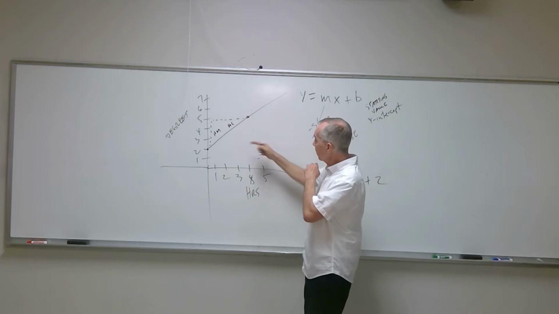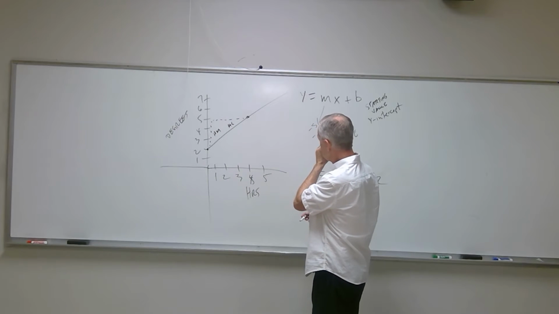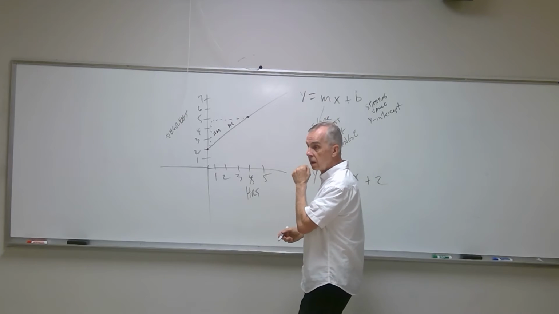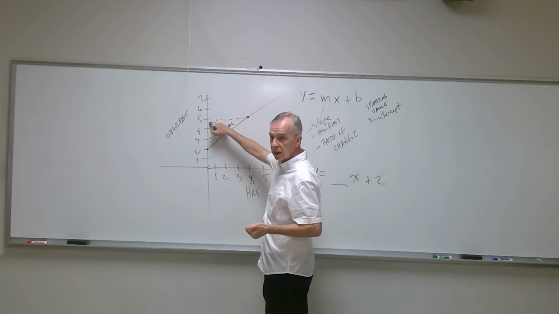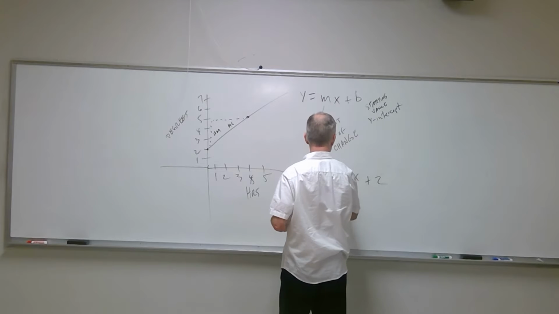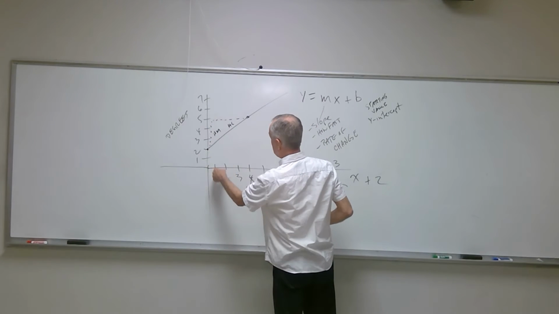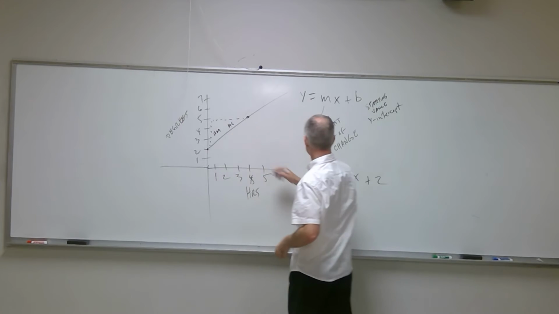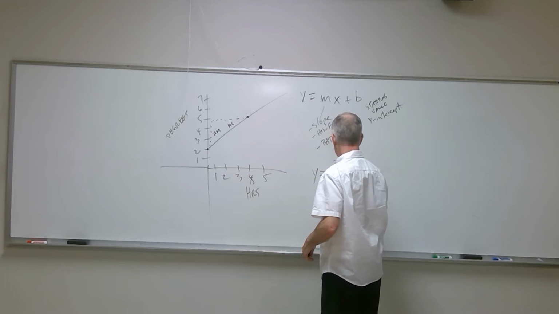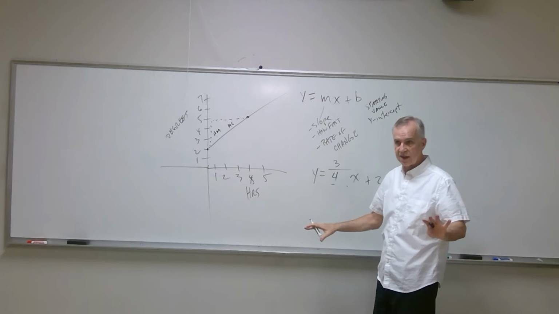So how much did it change? 3. So 1, 2, 3 went up there. So I've got the how much, and then the 4 is 1, 2, 3, 4. I can't reduce this. Done.